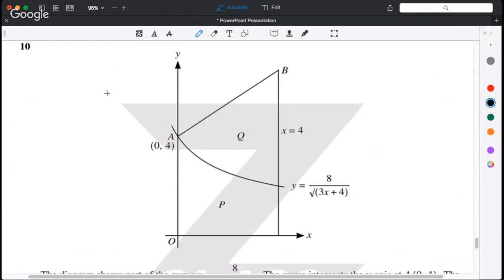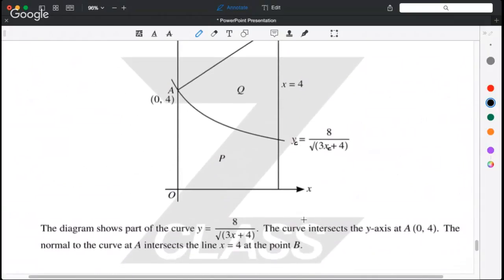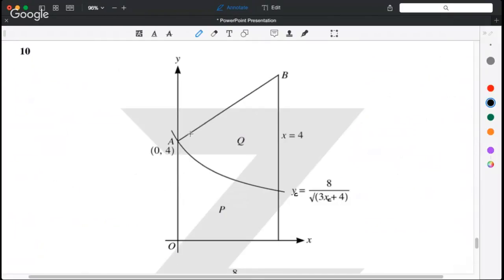Well, I'm going to call this curve y_C, x_C. So we are told that the normal to the curve is this line here. So we know that the gradient of this line has a relationship with the gradient of the curve at that point. It's always at right angles, which means that the product of their gradients is minus 1.